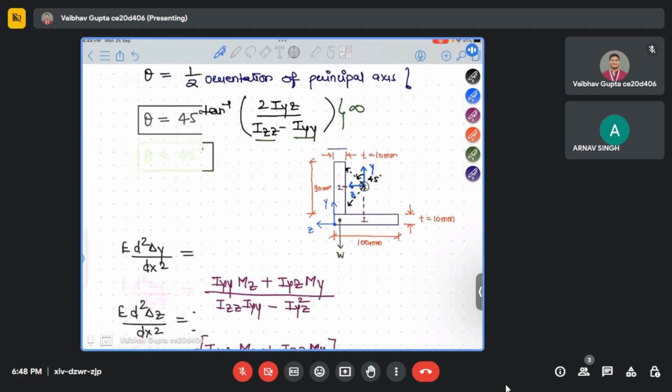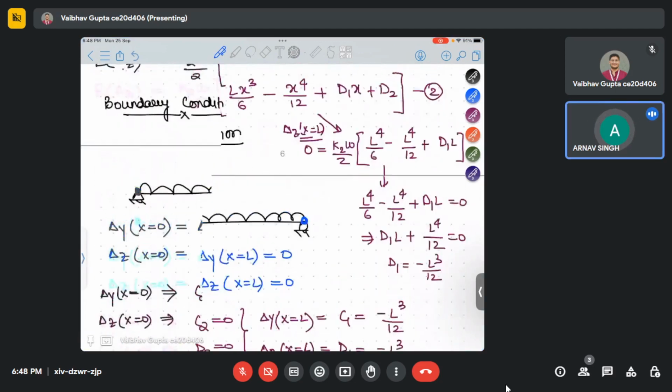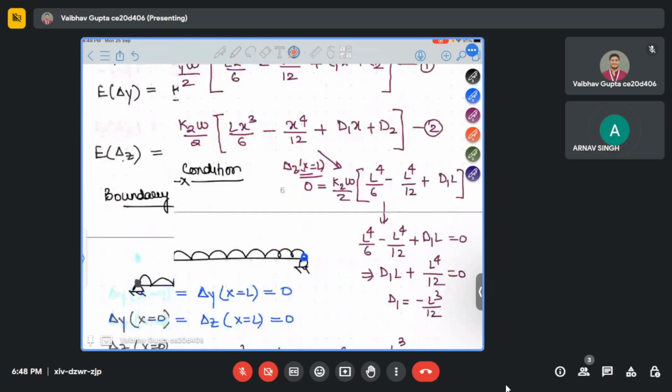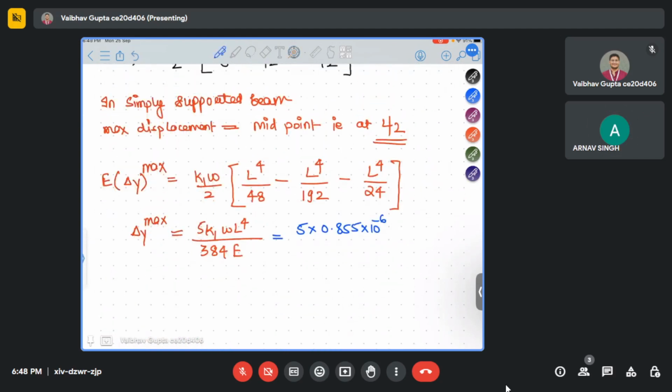This is K1. One second, where I put K1. Yes, K1 is this. So this is 0.855 into 10 to the power minus 6.